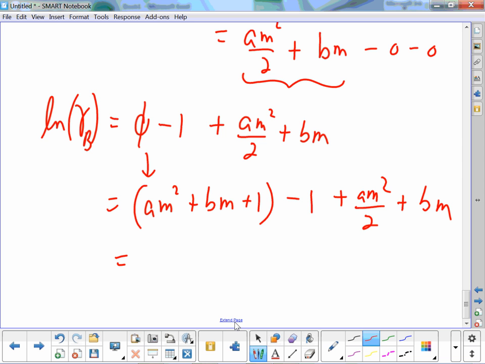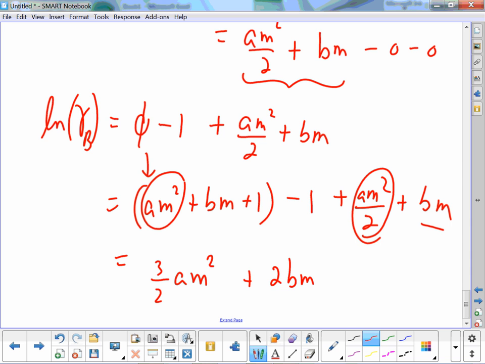So can we simplify that? Select all terms that have m squared in them. So that's a plus a over 2. What's a plus a over 2? 3 halves a, m squared. Bm plus bm, that's 2bm. And then 1 cancels out, right? So that's your expression right there.